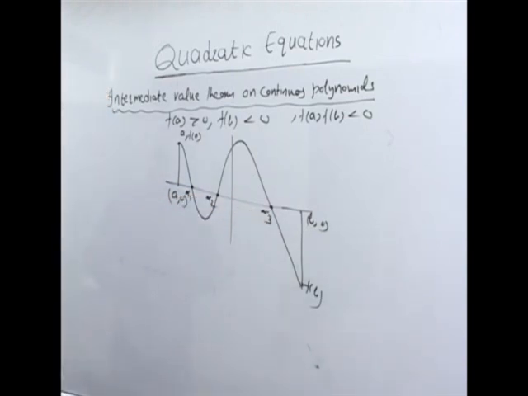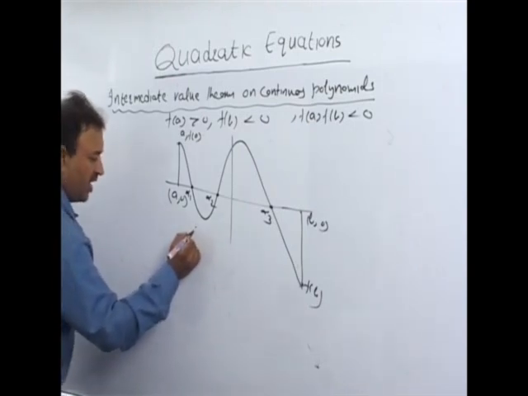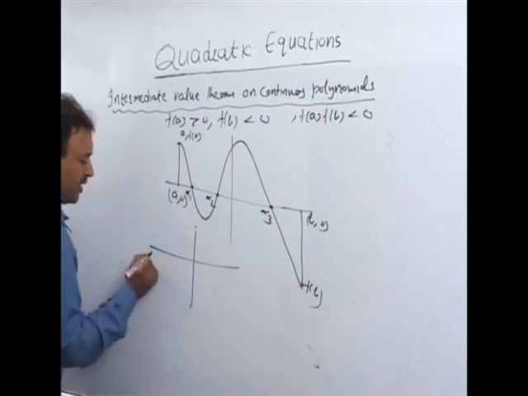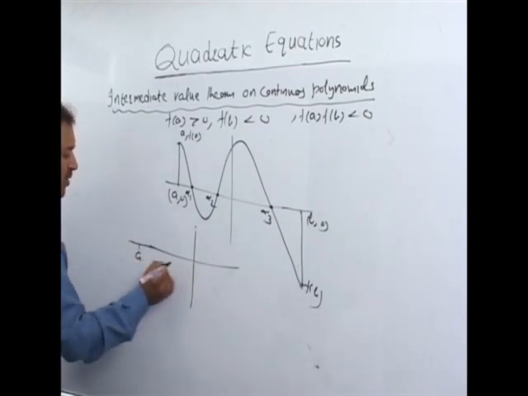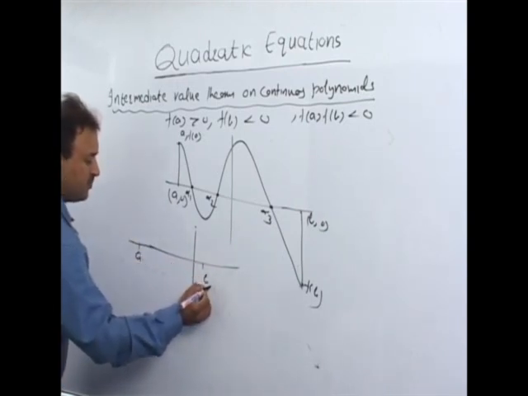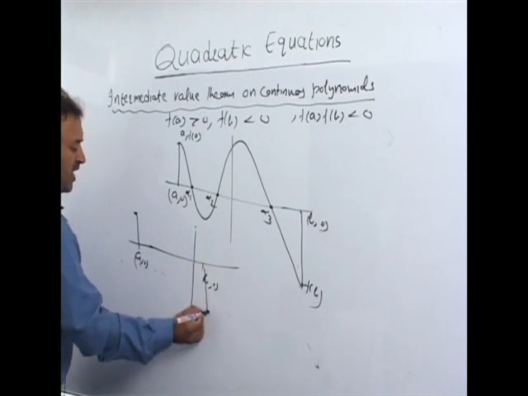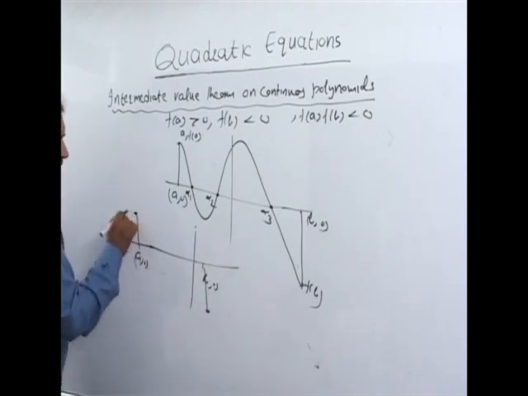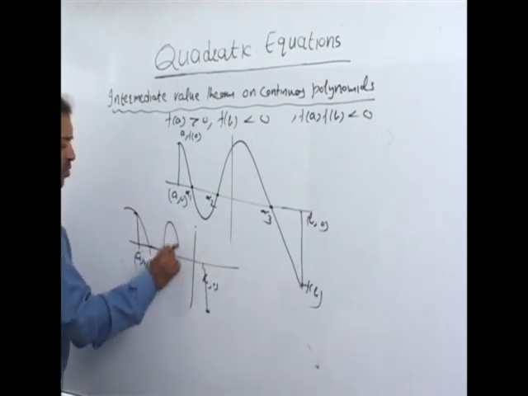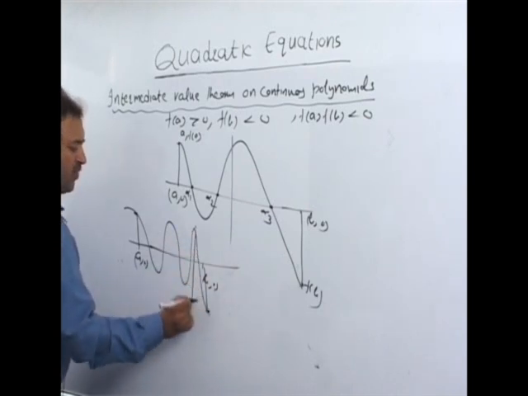And we can take up another example. Suppose I draw another one, with (a, 0) here and (b, 0) here. Now for the curve, f(a) is positive and f(b) is negative. The curve may be like this, 1, 2, 3, 4, and it meets over here.